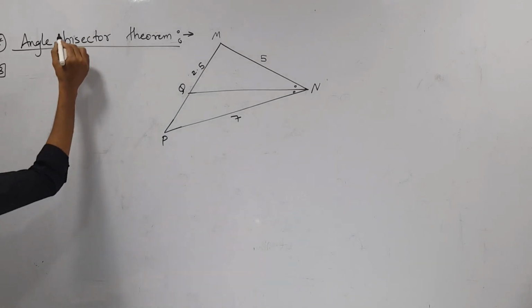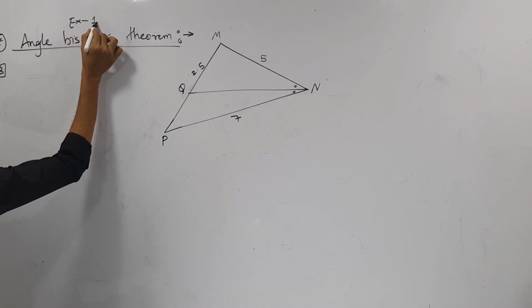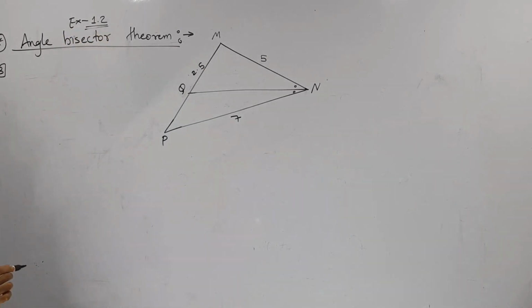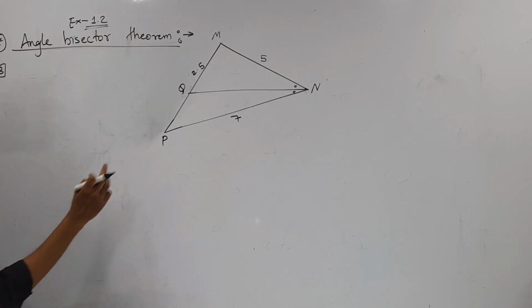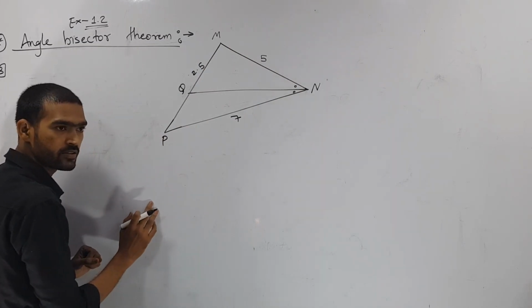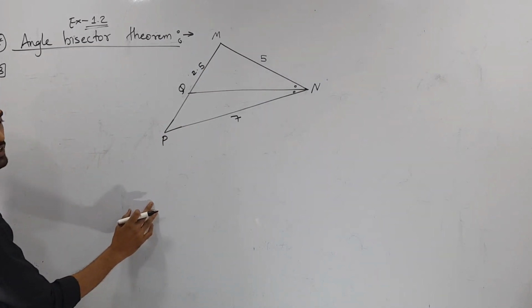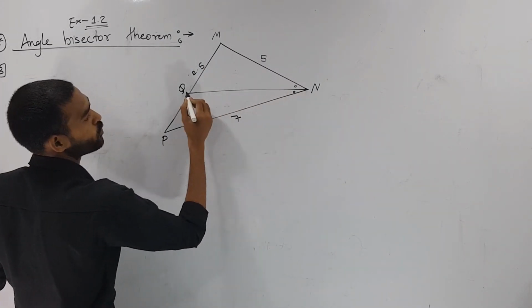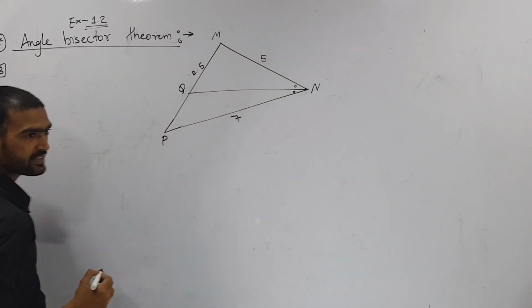So today we'll see exercise 1.2. Look, question number 3. Here, the given diagram is triangle MNP. In this diagram, what can we see? NQ is the angle bisector.